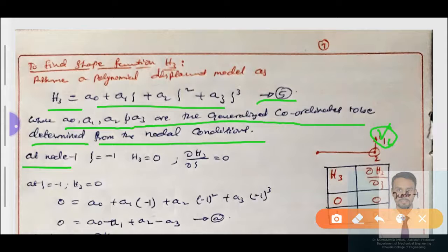At node number 1, zeta is equal to minus 1, h3 is equal to 0, dou h3 divided by dou zeta is equal to 0. Why? The effect which is occurring at node number 2, practically it is there, but we assume that it is not affecting node number 1. At node number 1, zeta is equal to minus 1, h3 is equal to 0.